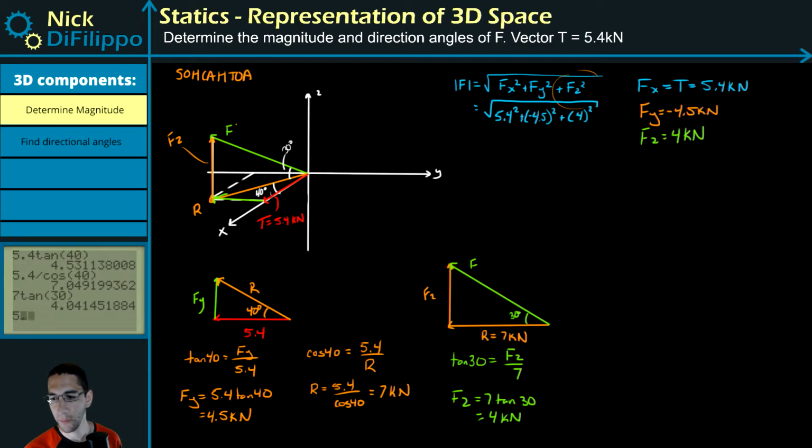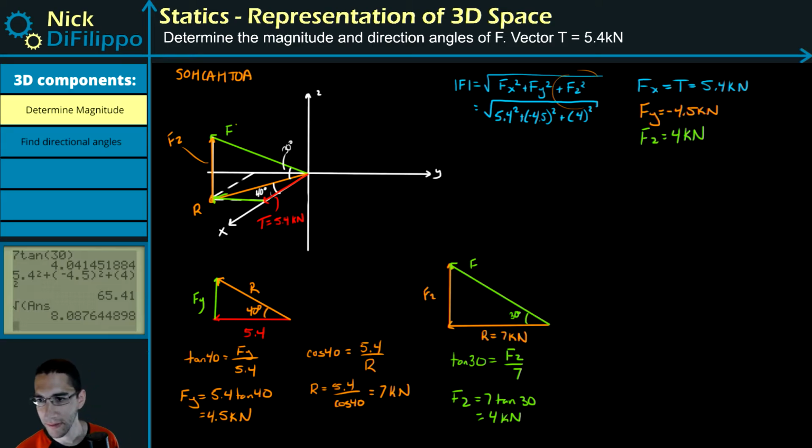So we'll have 5.4 squared plus minus 4.5 squared plus 4 squared, and we'll take the square root. We'll call it 8.1. This is equal to 8.1 kilonewtons.